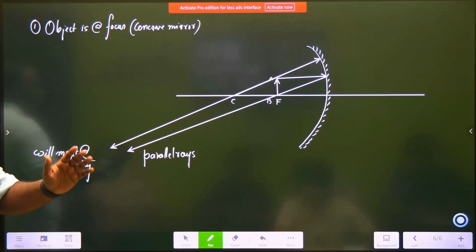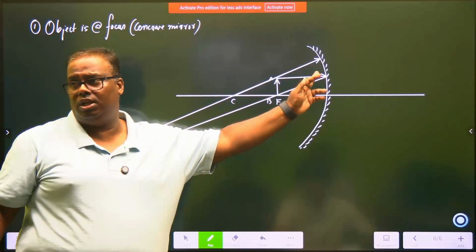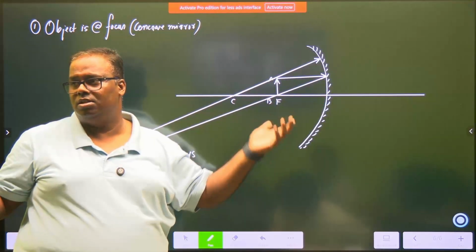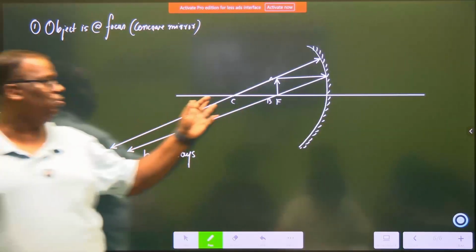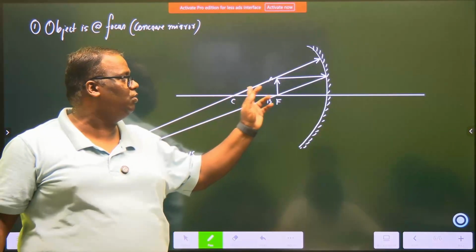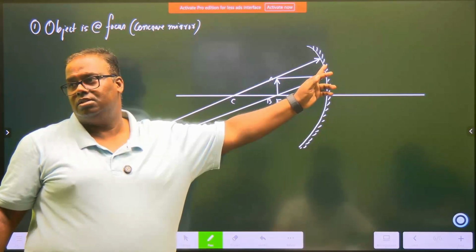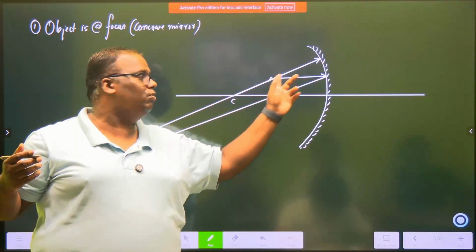Any ray through the center of curvature, the mirror sends back in the same direction. What does it have to do with the object? The ray originated from the center of curvature, touched the head of the object and went. It is as good as the ray coming out from the head of the object.